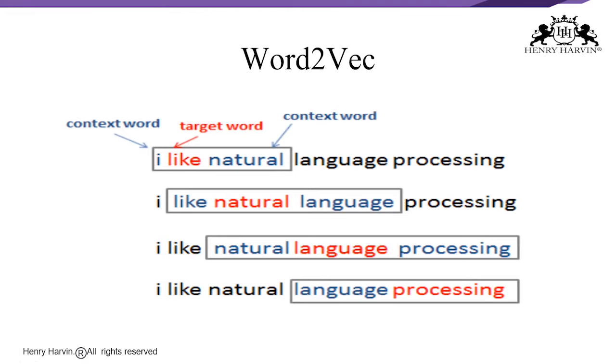You can see this over here. What is the context word and target word? I like natural language processing. Now here, what is happening? I like natural language processing.